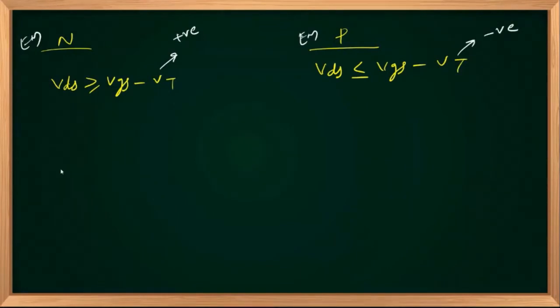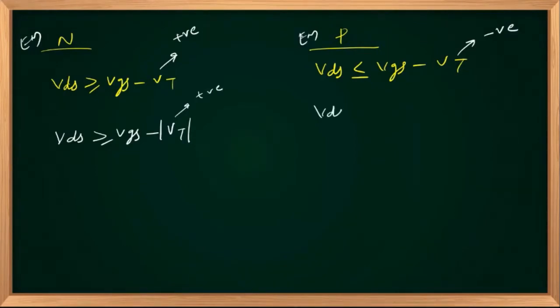If you are writing it as VDS greater than or equal to VGS minus magnitude of VT, you can write it, no issues, because N channel VT is always positive, magnitude of VT is also positive.